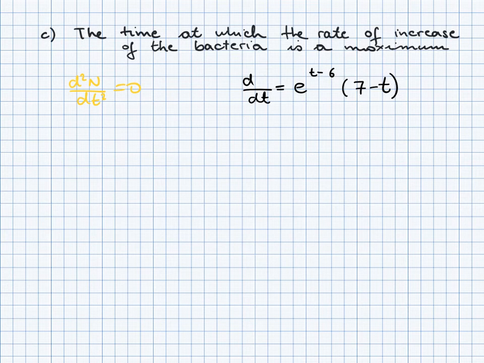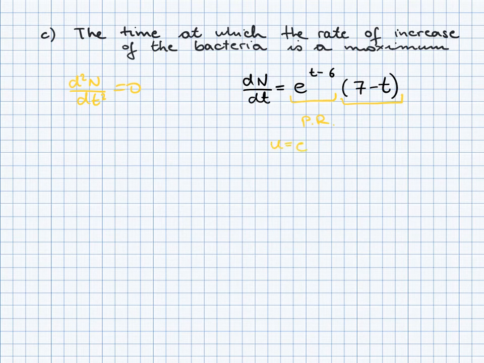We're going to use the first derivative to find the second one. Again, similar to before, we can see that we have two functions, so we use the product rule.